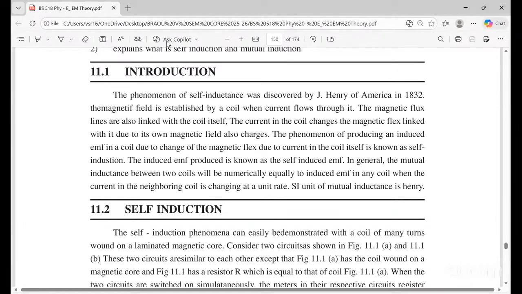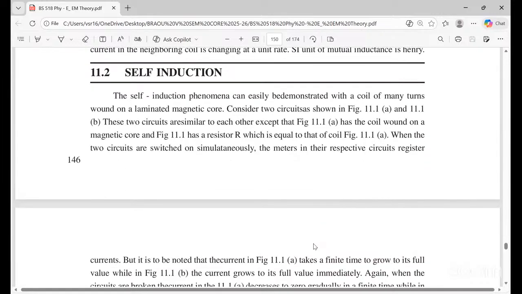So what is the SI unit of this inductance here? Henry. Okay.